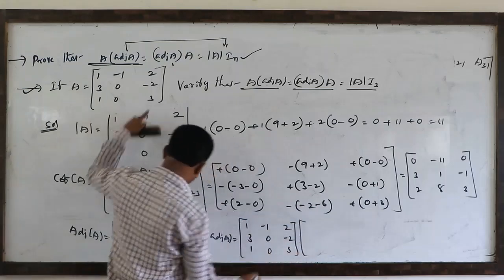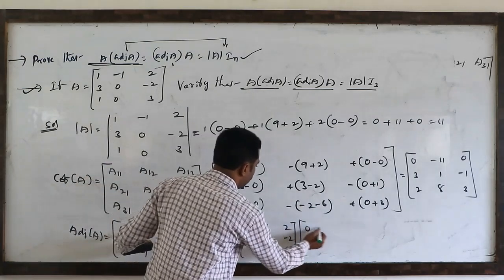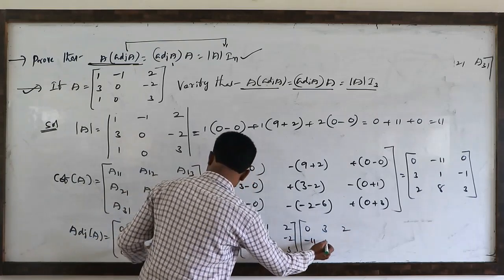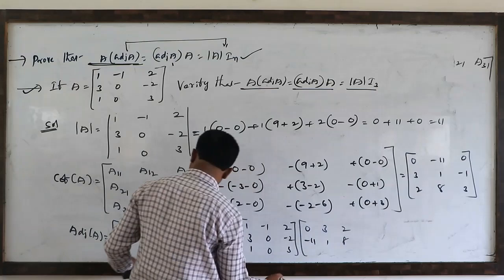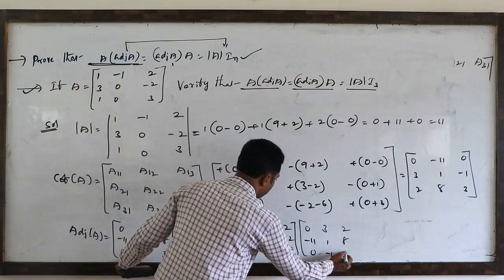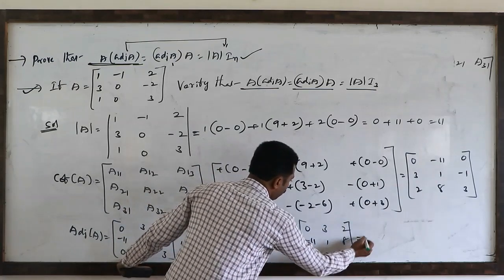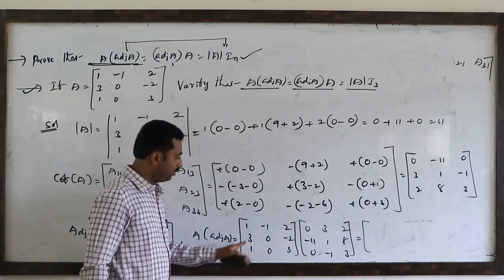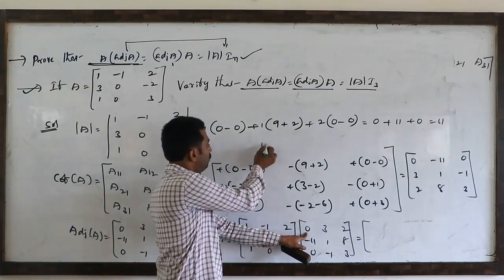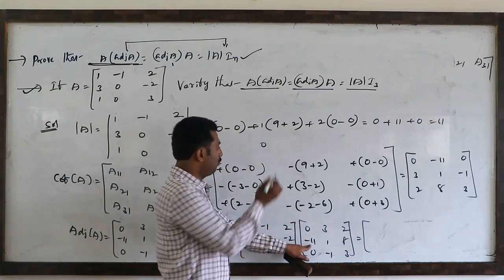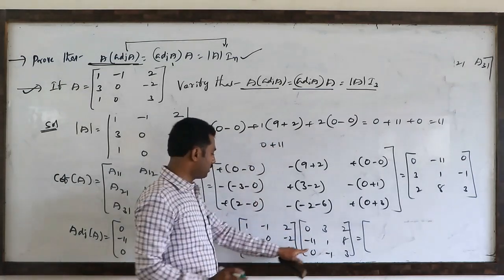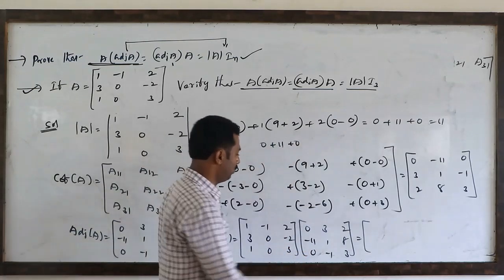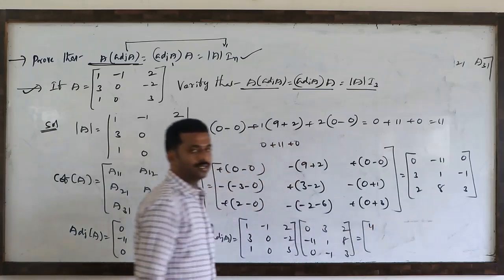Next, adjoint of A: this is 0, 3, 2; minus 11, 1, 8; 0, minus 1, 3. You observe multiplication. First row, first column: 1 into 0, 0; minus 1 into minus 11, plus 11; 2 into 0, this is 0. So this is 11, answer.